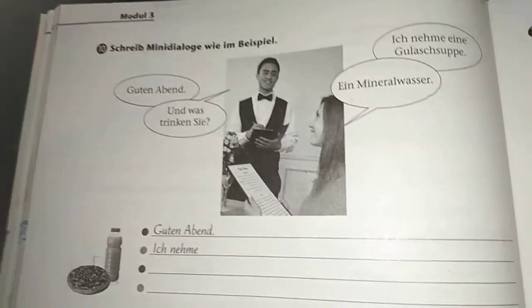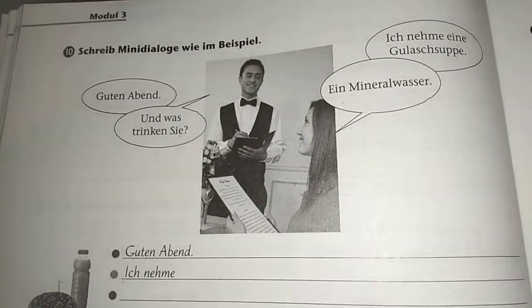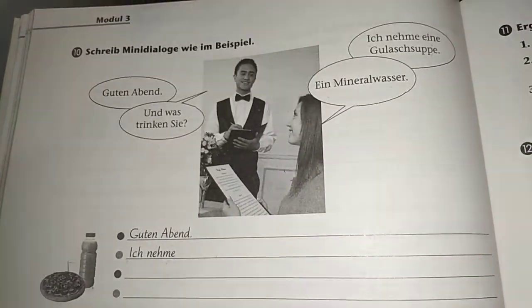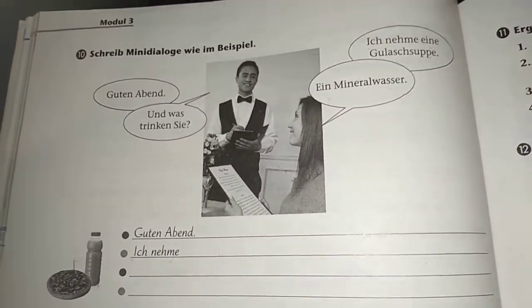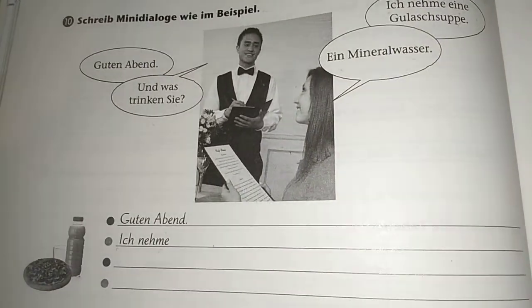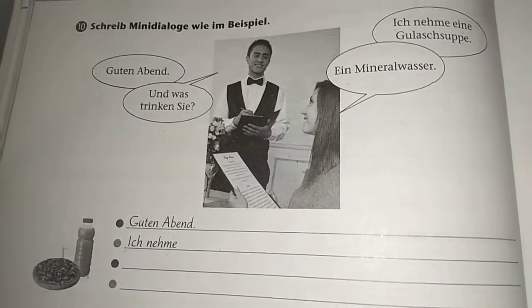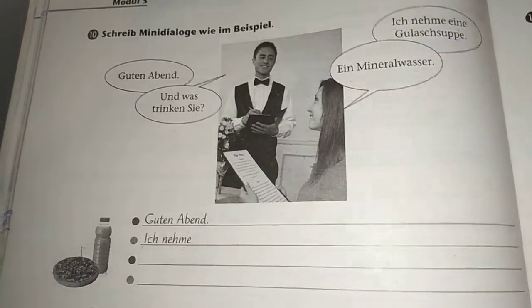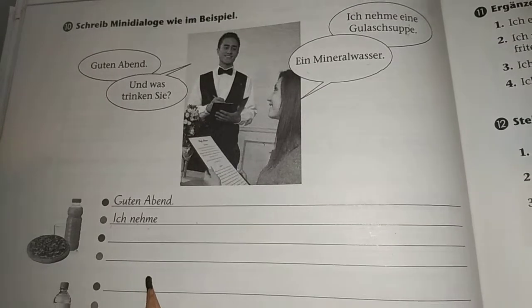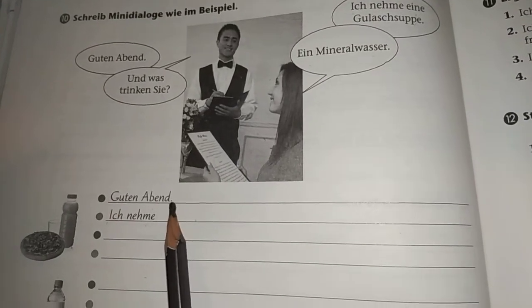Orange juice. But this orange juice will be in accusative. Whatever eatables or drinks we are writing here are in accusative. So Apfelsaft, or sorry, Orangensaft, it is masculine. So for masculine accusative, it will be einen Orangensaft. So once again I will read the dialogue for you. Guten Abend.